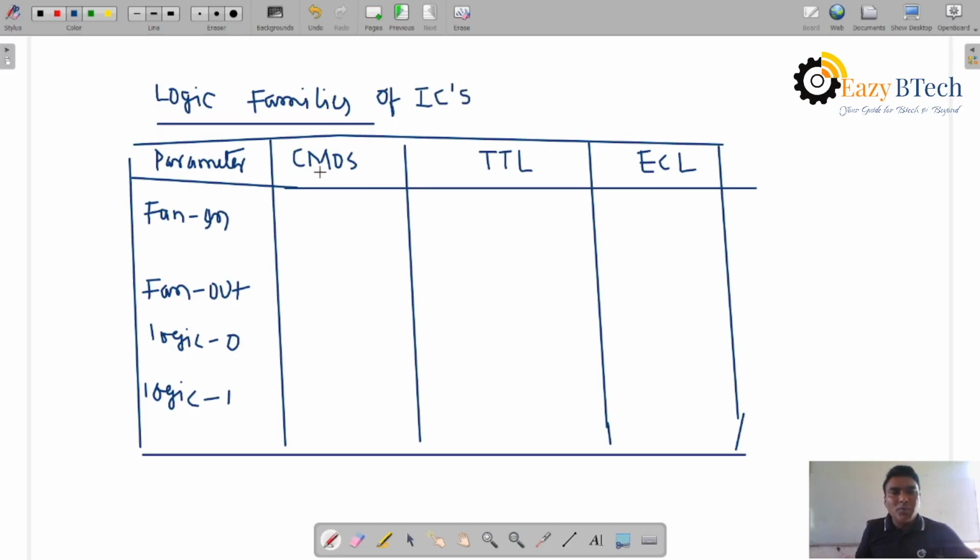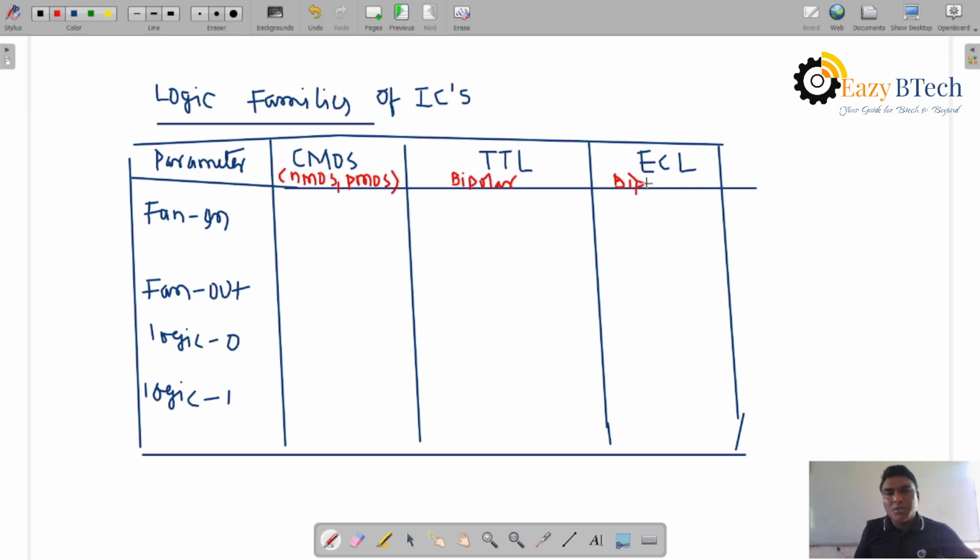So CMOS is a complementary metal oxide semiconductor. It is designed by both NMOS and PMOS. TTL uses bipolar transistors, and emitter coupled also uses bipolar transistors.